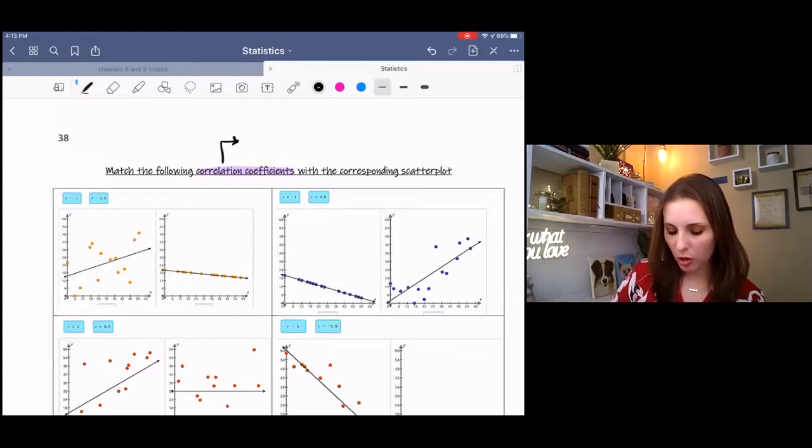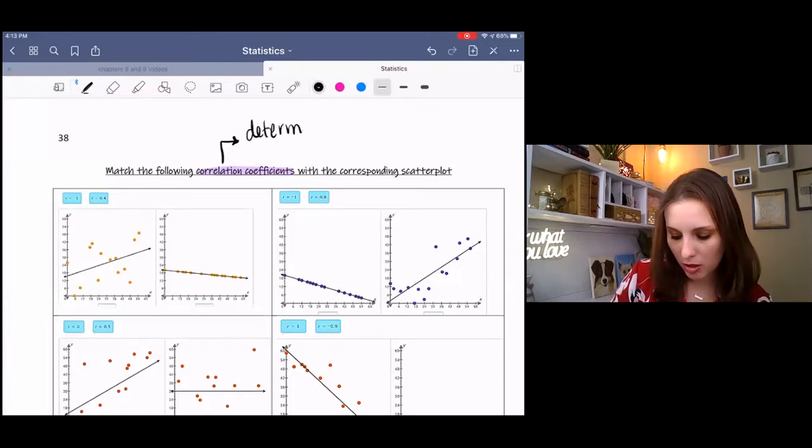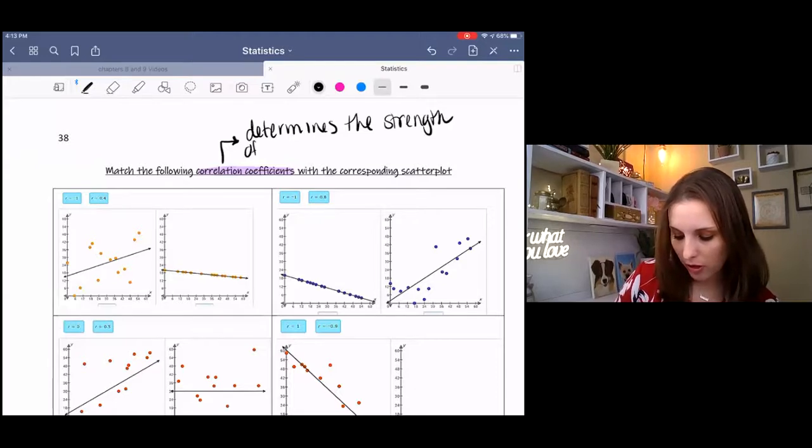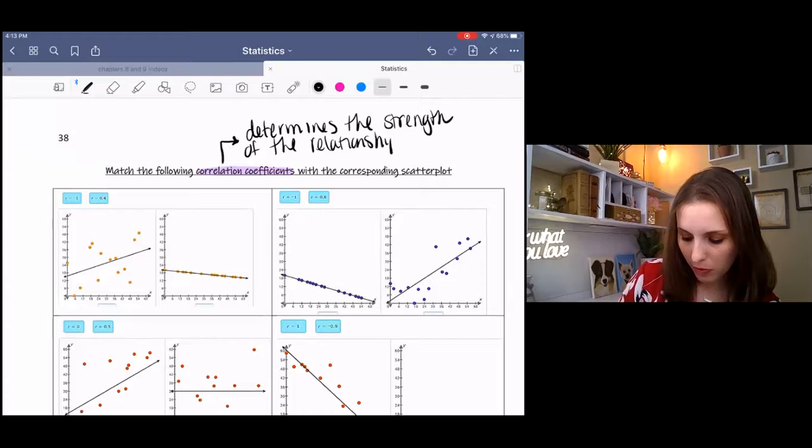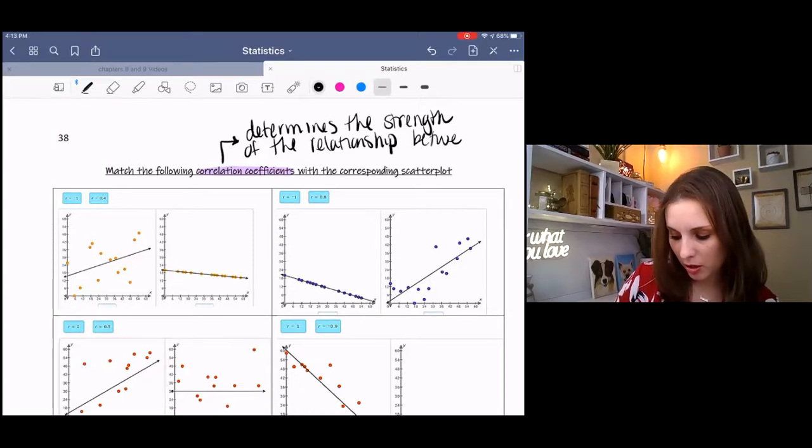So the correlation coefficient determines the strength of the relationship between two variables.